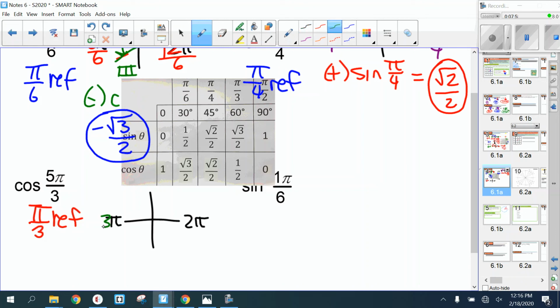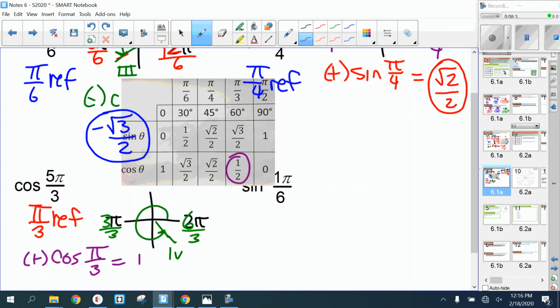Over 3, I would call this 3 pi over 3 and 6 pi over 3. So 5 pi over 3 is right before 6 pi over 3. We are in the fourth quadrant. So I know cosine is positive there. So we would be looking at positive whatever cosine pi over 3 is. Cosine pi over 3 is this. So we are positive 1/2.